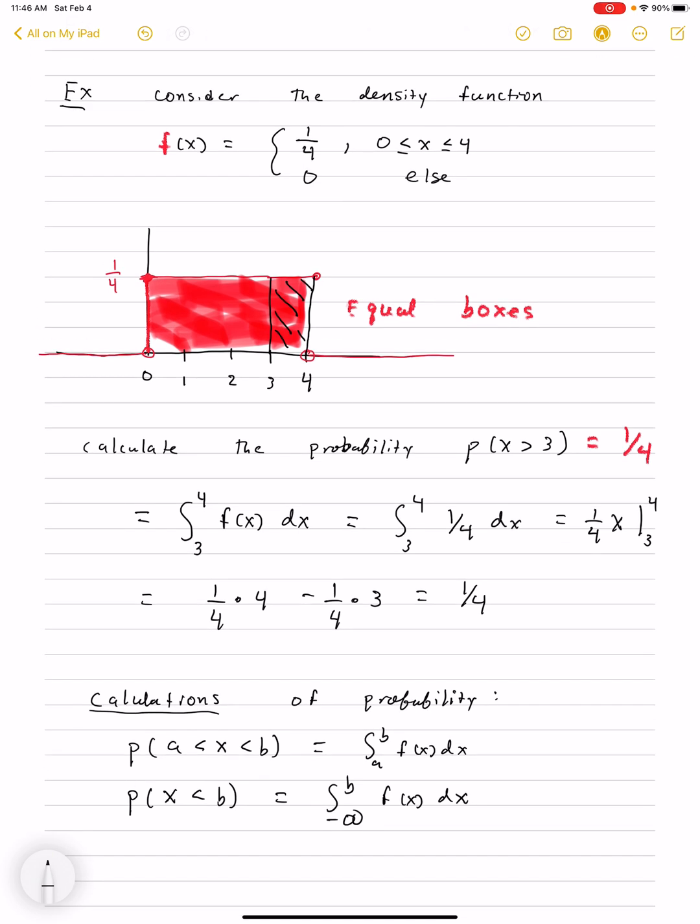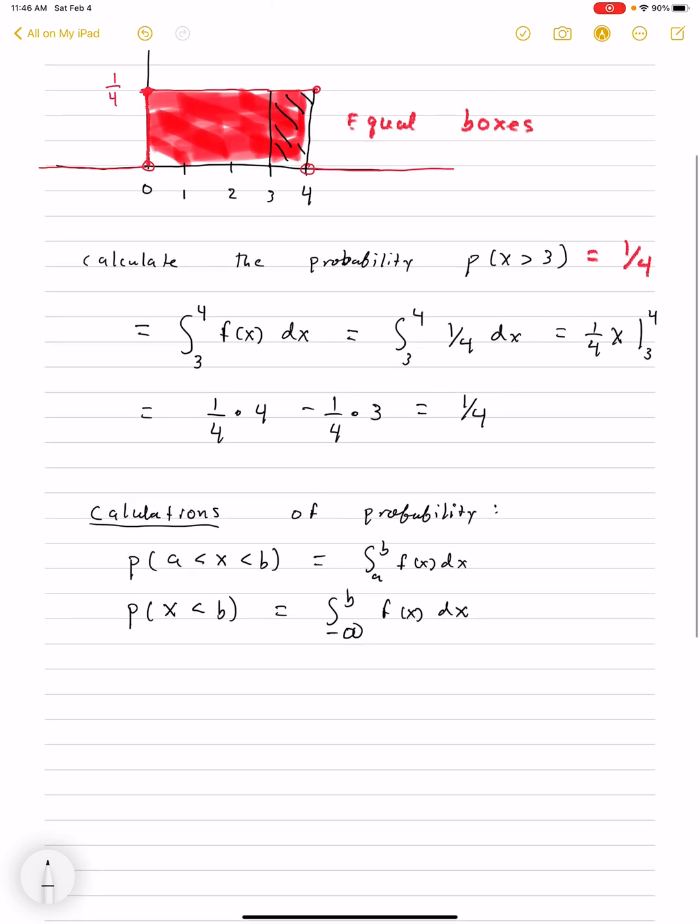Well, remember, everything to the left of 0 here has 0 probability, so you're really just integrating from 0 to b. Okay. Now here's the second one, probability x is bigger than a. This will be the integral from a to infinity of f of x dx.